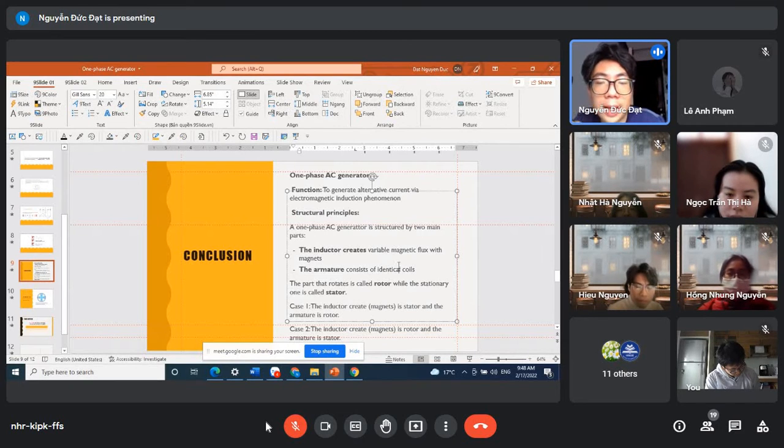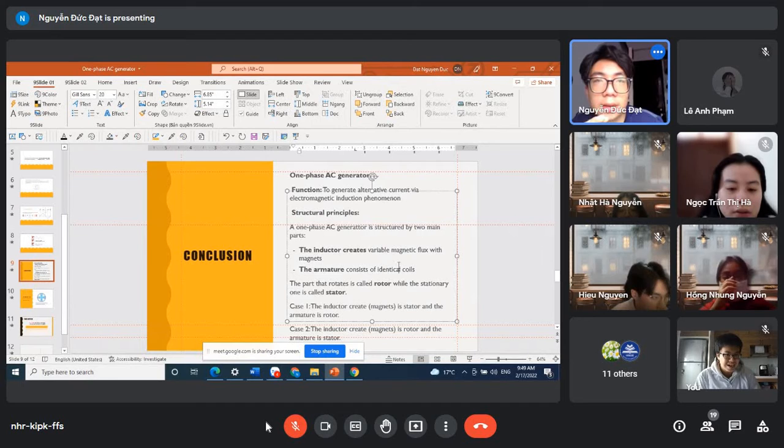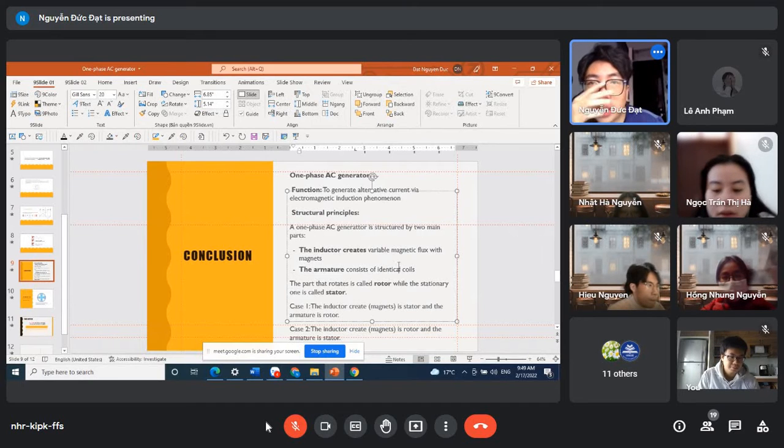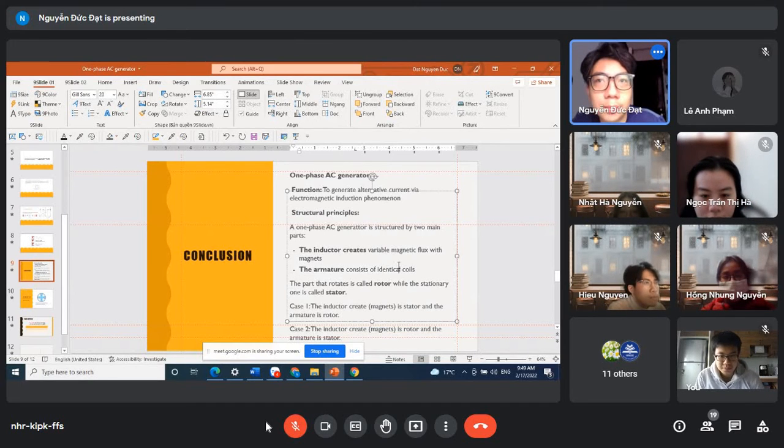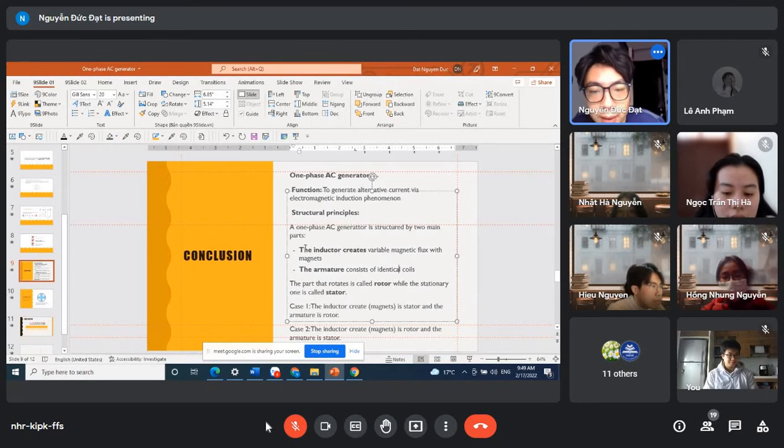The other way is the inductor, which creates the variable magnetic flux, and the armature, which is the part where the electricity is produced. So we have the phần cảm and the phần ứng.